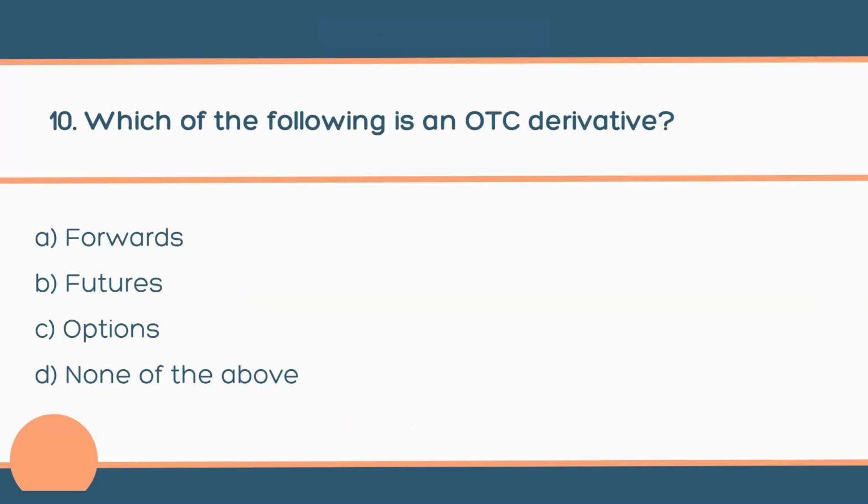Which of the following is an OTC derivative, meaning over the counter derivative? Forward contracts are privately negotiated and traded over the counter, not on exchanges. So the answer is forwards.